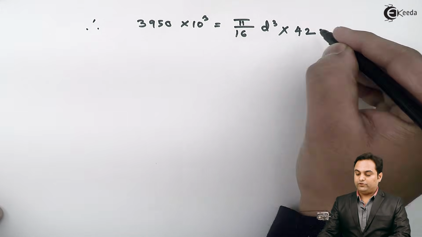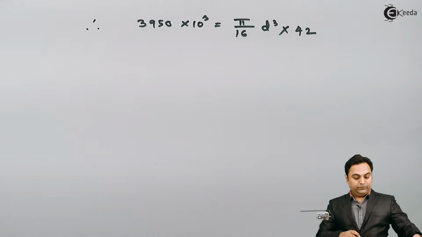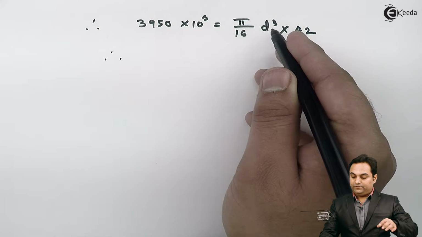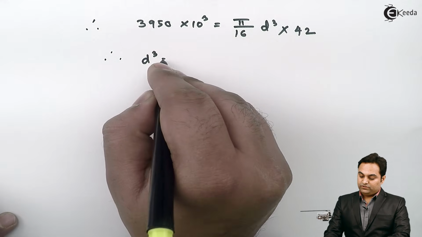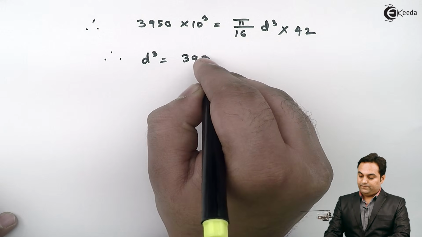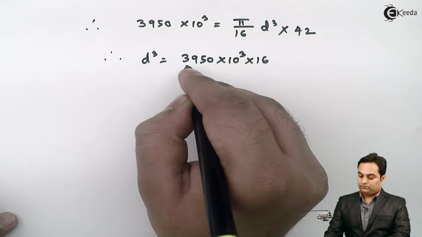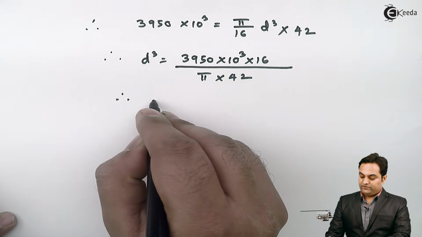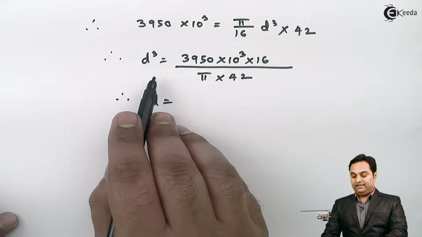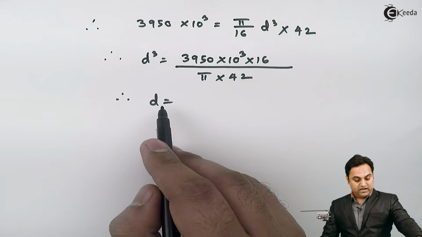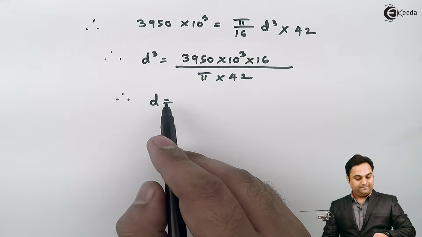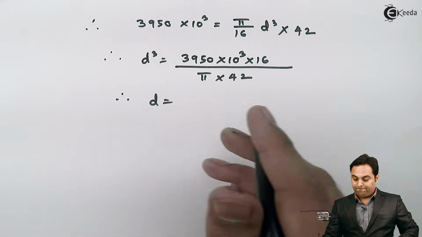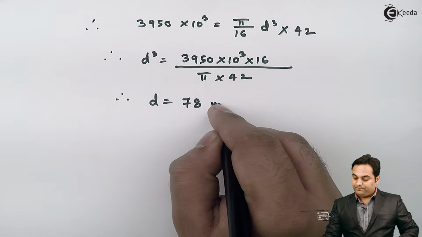Tau is given in the problem as 42 megapascal, that is 42 Newton per mm square. Now from this what I will do, I will keep d cube on one side, shift this 16 onto the other side, and pi into 42 would be in the denominator. So from this first I will get the answer of d cube, and then if I take the cube root of that answer, I would be getting the value of D, which comes out to be 78 mm.